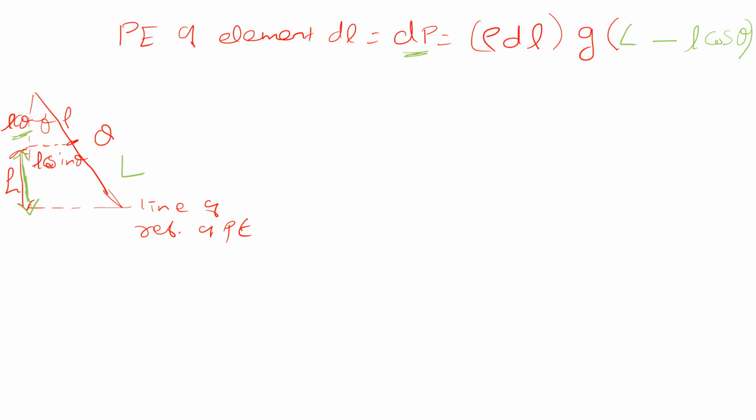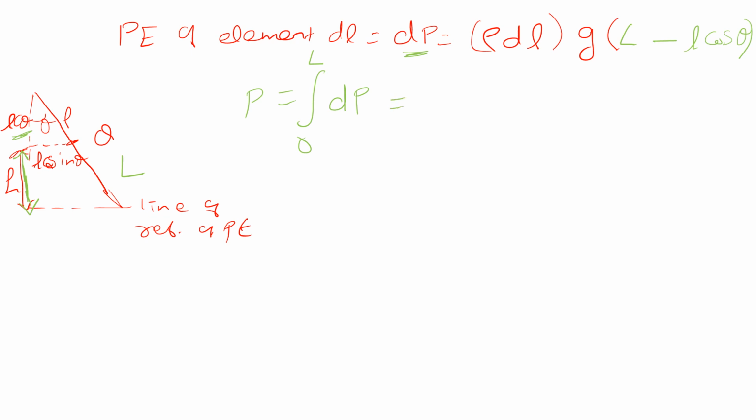So it is dP. Now in order to get the total potential energy of the rod, we need to integrate it over the entire length. So the integral from 0 to L of dP will give you the total potential energy P. So what do you get?